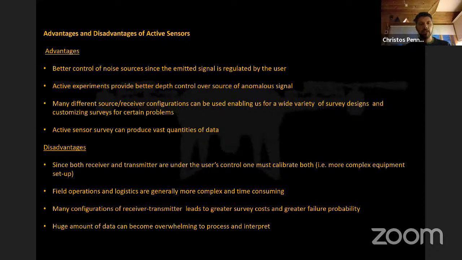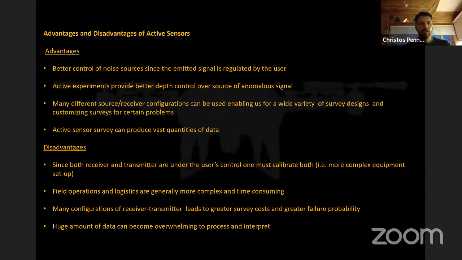Active sensor surveys can produce vast quantities of data. This last thing is also good and bad, but here I put it in the advantages of these sensors because we probably need as much data as we can collect; the more, the better for our study or in order to achieve our purpose.